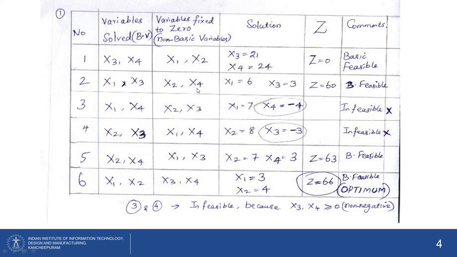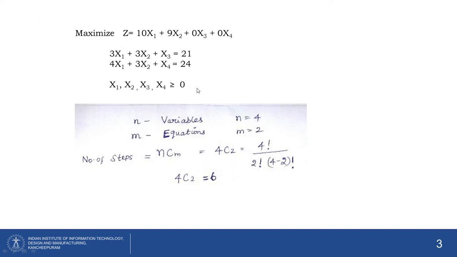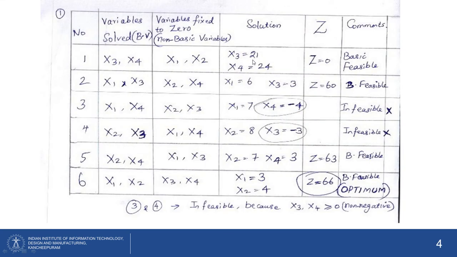In the main problem, assume x1 and x2 are 0, then x3 = 21, x4 = 24, z = 0. This is called a basic feasible solution.